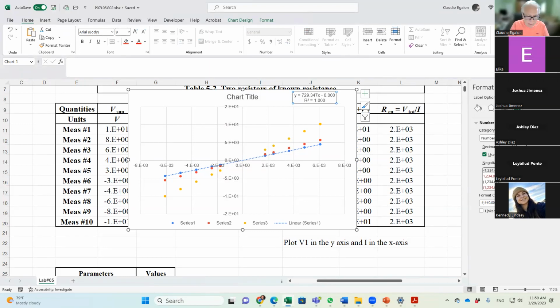So I have to add decimal places until I see a number that's not 1. If I put 5 decimal places, I get this value. I put 6 decimal places, I get this value. So it's a number that's very close to 1. That's why you are getting that R squared equal to 1.